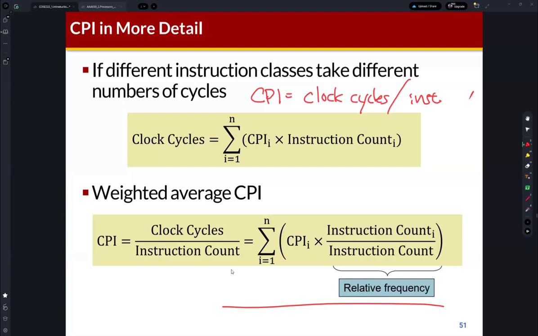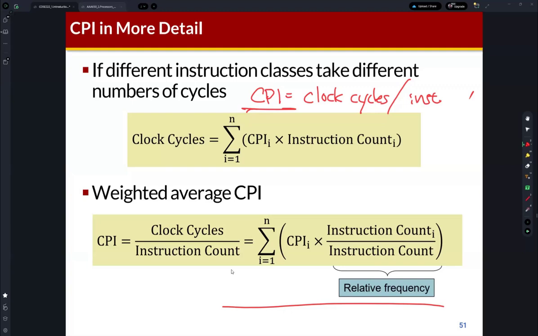And then the CPI is also included in the performance equation, the CPU time equation. So you also need to memorize the definition: CPI is the clock cycles per instruction. Then how can you measure the average CPI?